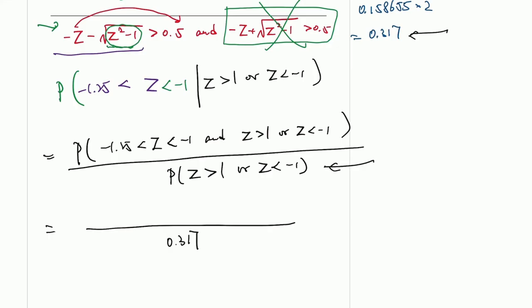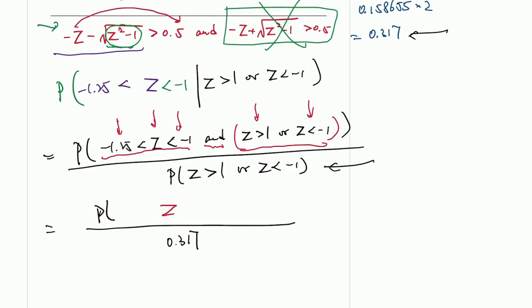Now for the top, what do we need now? We need z to be in between negative 1.25 and negative 1, and z is either bigger than 1 or less than minus 1. Alright, and this is the n. So we really want the overlapping part of A and B. So what kind of values of z would satisfy both A and B?